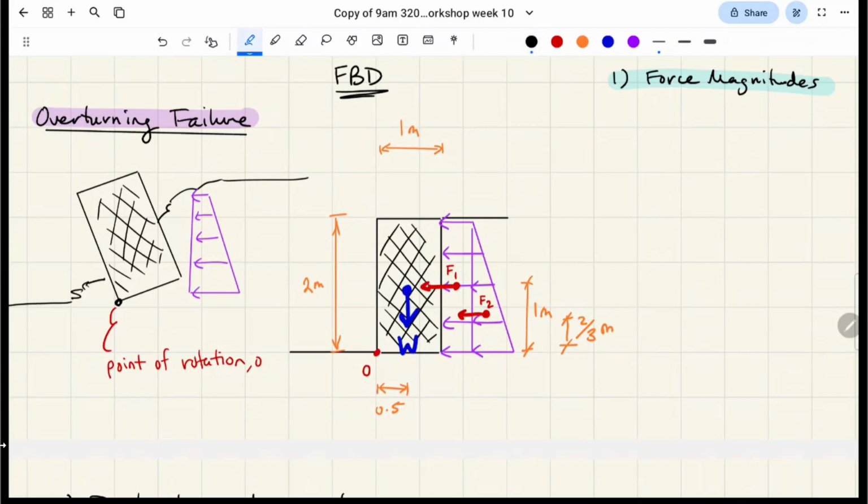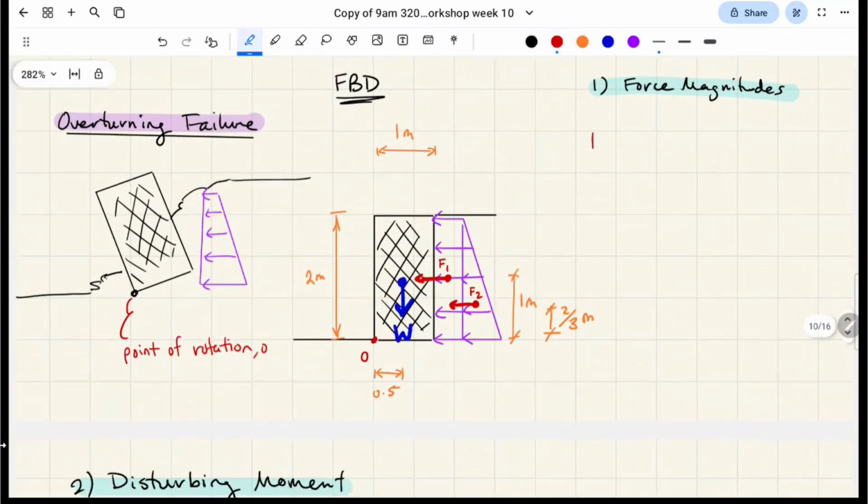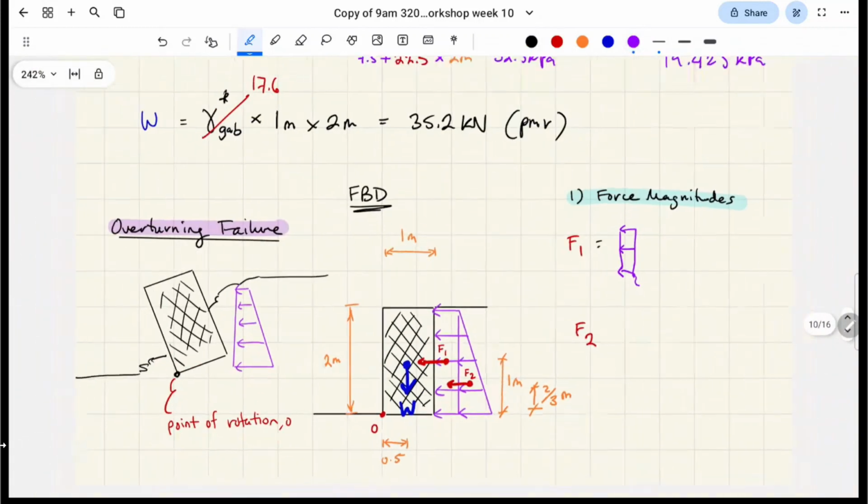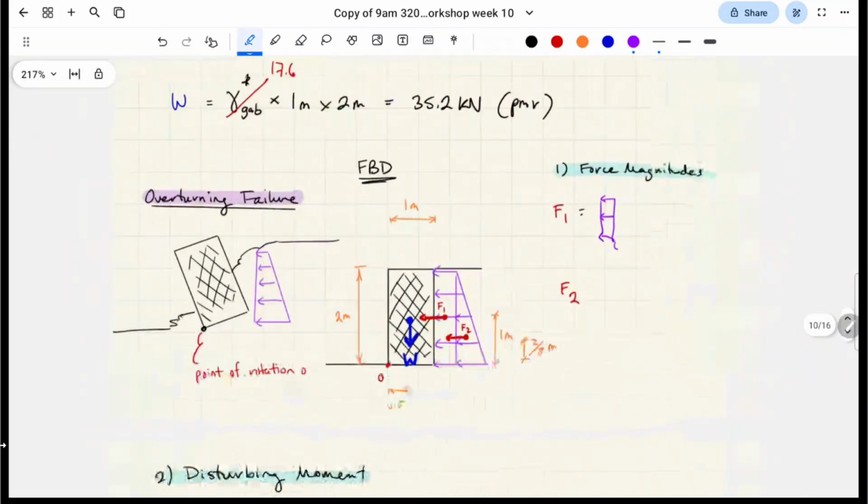Next, we're going to do the force magnitudes again. So for force 1, all we have to do is take the area of this rectangle, right? And so this lateral earth pressure, if we scroll up, actually no, I'll write it here.